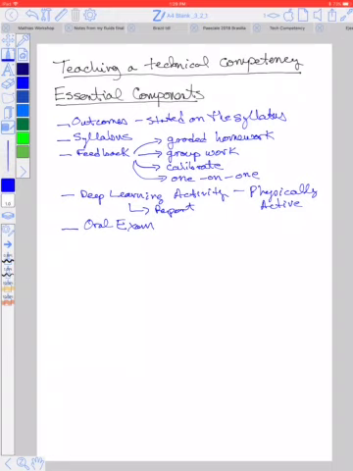Throughout the course of the student's competency, what they should be doing is preparing for a final oral exam where they stand at a whiteboard in front of their teacher and defend their knowledge.